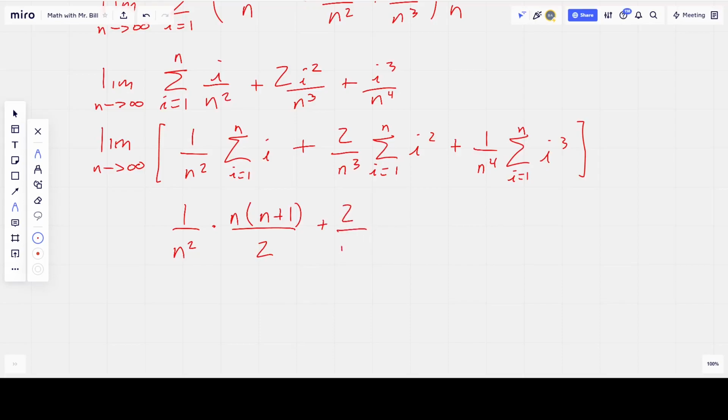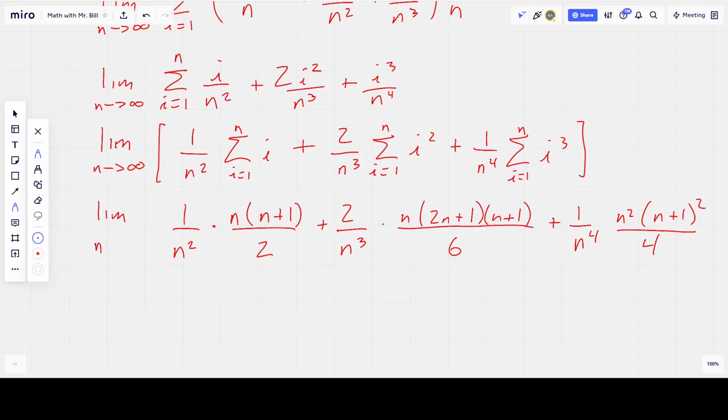The summation of i squared is n times 2n plus 1 times n plus 1 all over 6. And then the last one, the summation of i cubed, is n squared times n plus 1 squared all over 4.